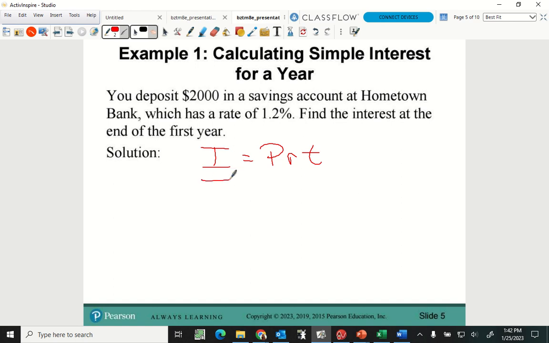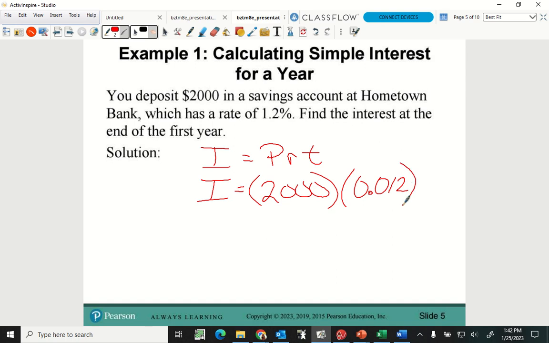So it's going to be I equals, what's the principal amount? $2,000 times R. What is the rate? Say the whole thing. 0.012. Very good.